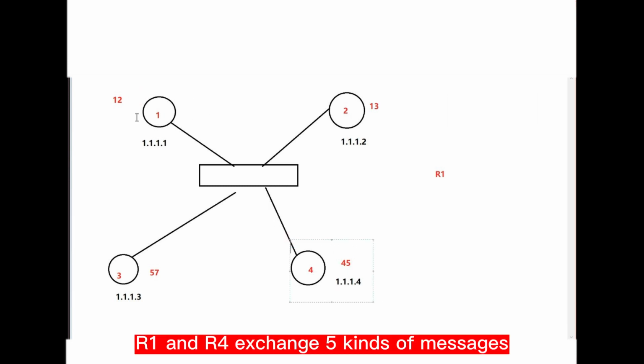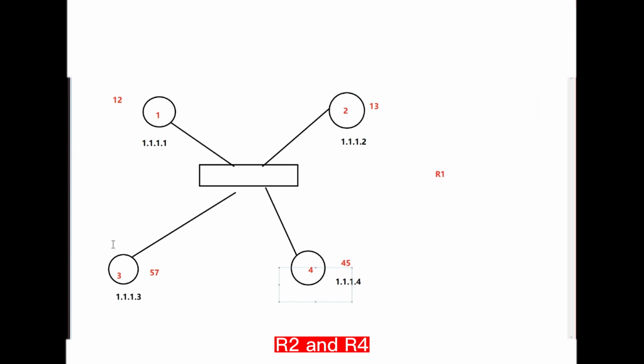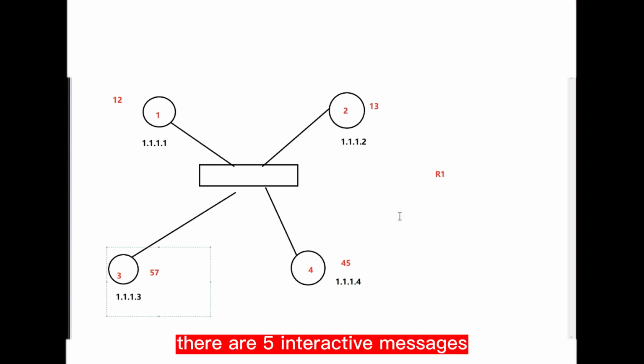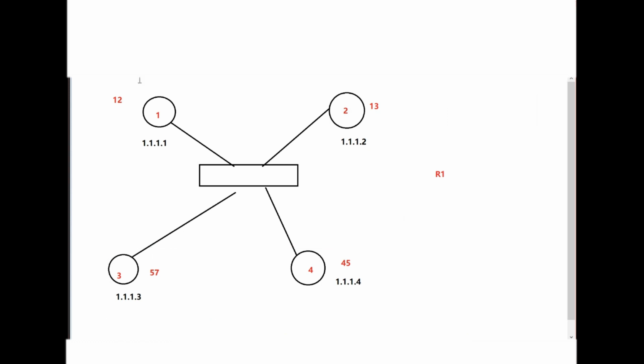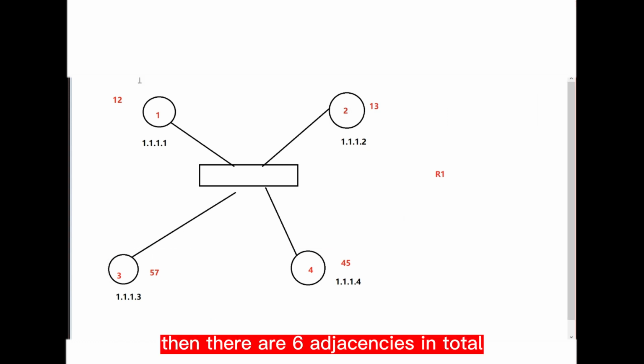R1 and R4 exchange 5 kinds of messages. R1 and R3 exchange 5 kinds of messages. R2 and R4, R2 and R3, R4 and R3. There are 5 interactive messages each. Then there are 6 adjacencies in total. We call this relationship a full mesh.